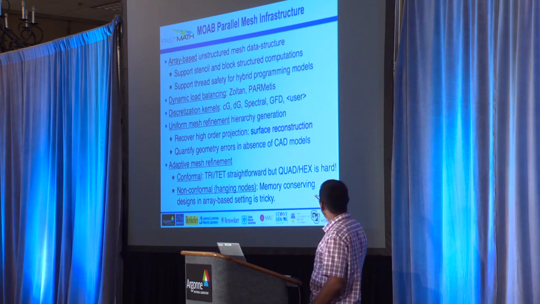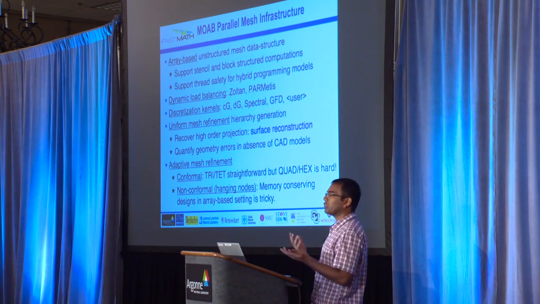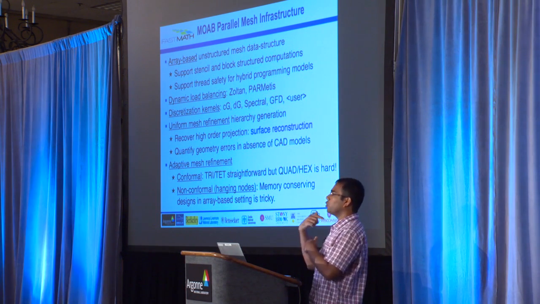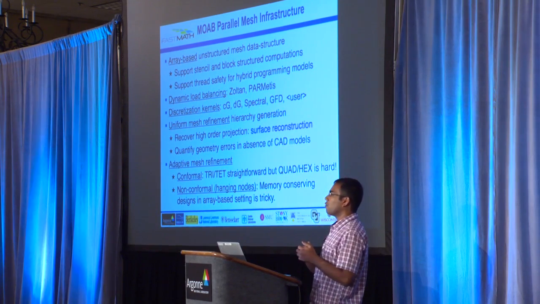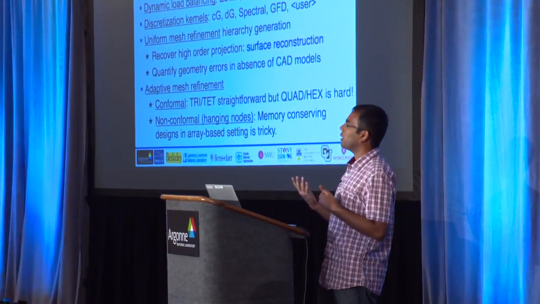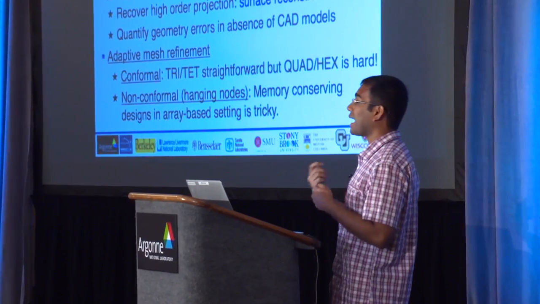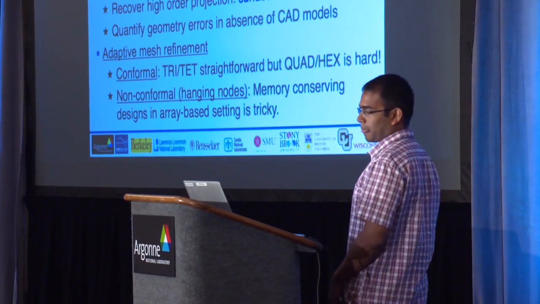There is support for several discretization kernels and for uniform mesh refinement. So you could load up a coarse mesh along with the geometry, and you could perform uniform mesh refinement in memory, for example, to create a mesh hierarchy so that you could use a geometric multigrid solver that could accelerate your solution procedures.